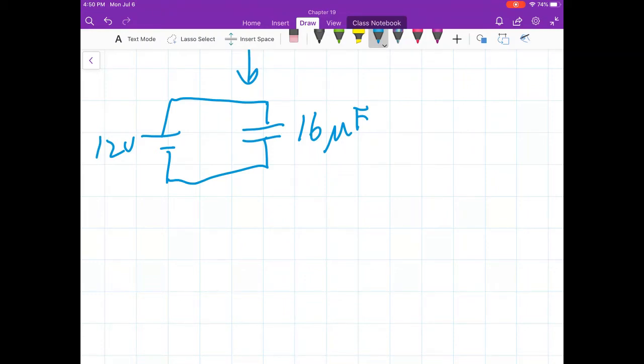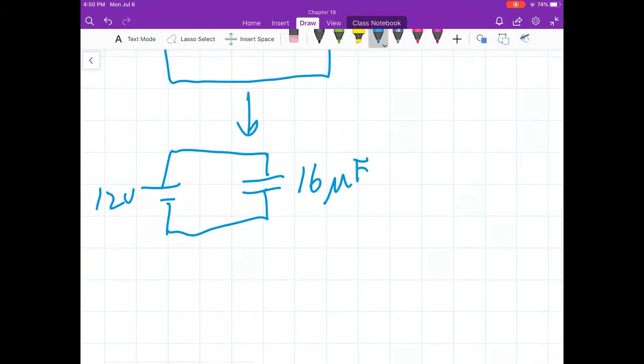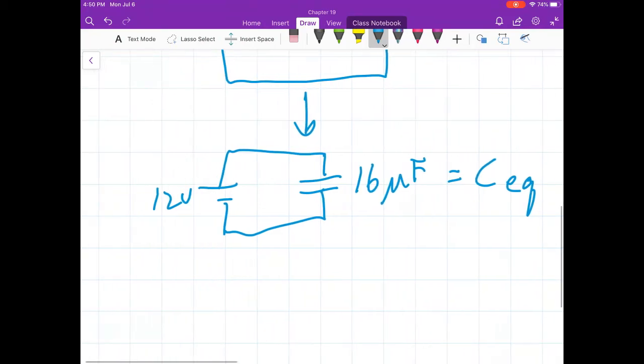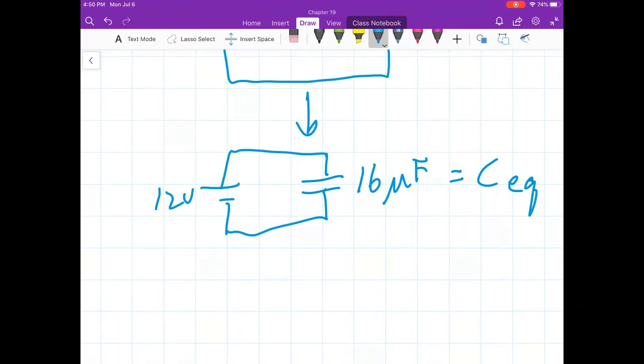All right, so now we have CEQ. This is typically the first goal, and a lot of books will talk about how to do it. We want to go one step further and solve for the charges and voltages in the circuit. So let's consider that now.